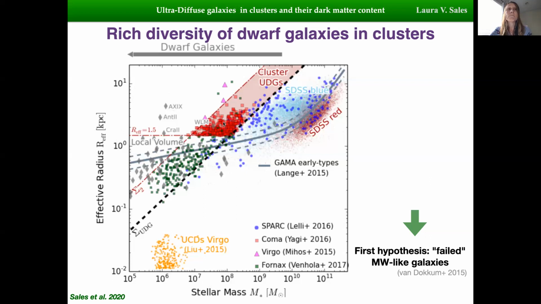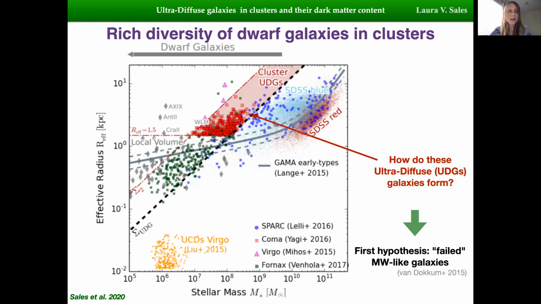The first hypothesis, given that they were so extended but harbored so little mass, was that these UDG galaxies were failed Milky Way-like galaxies, galaxies that were destined to be as massive as the Milky Way but somehow failed in forming the stars, while their dark matter halo was quite massive.